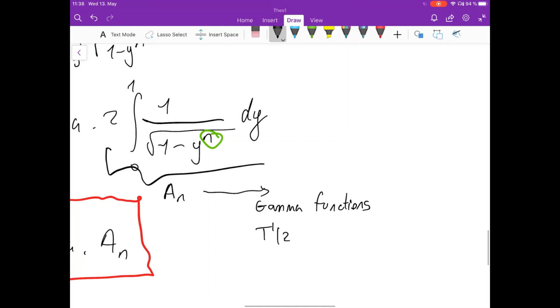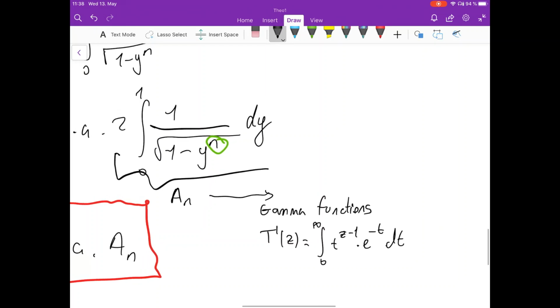So maybe you want to remember the gamma function: Γ(z) equals the integral from 0 to infinity of t^(z-1) times e^(-t) dt. A bit complicated, this integral is.